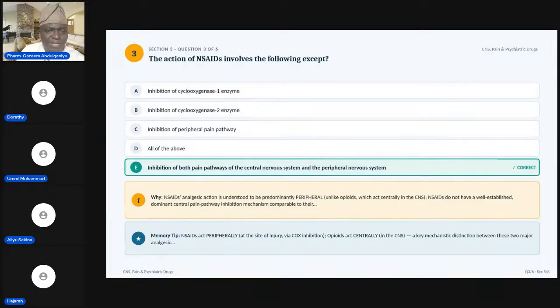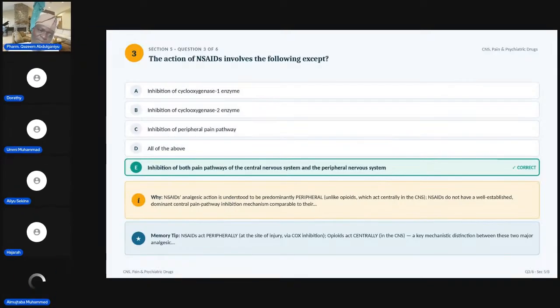Then the last one said inhibition of both pain pathways of the CNS and the peripheral nervous system. NSAIDs can do all of the other ones, but not this one. You cannot say all of the above because this one is also not covered.